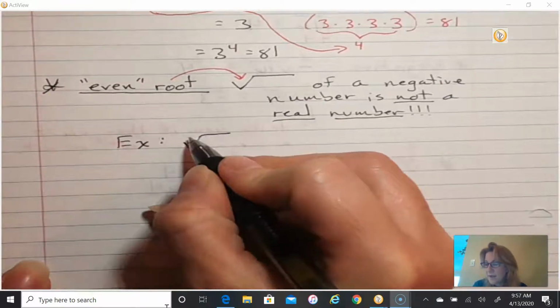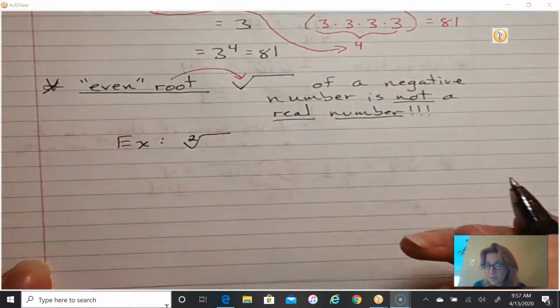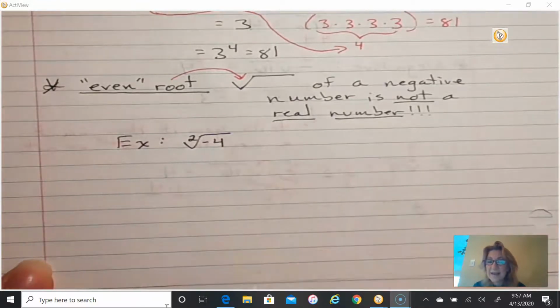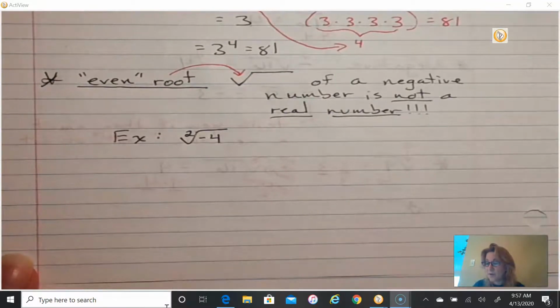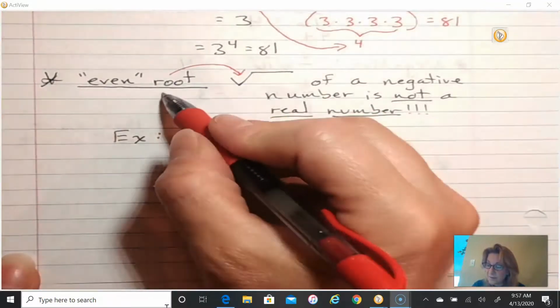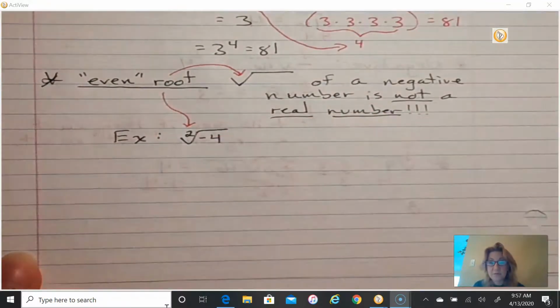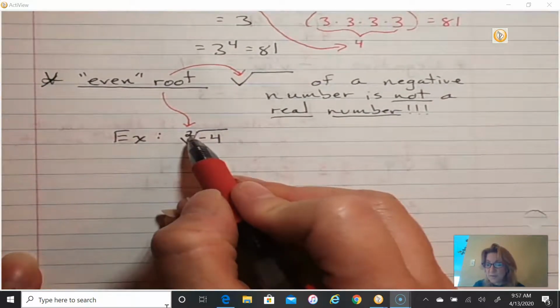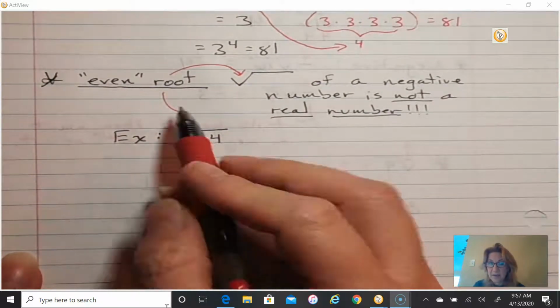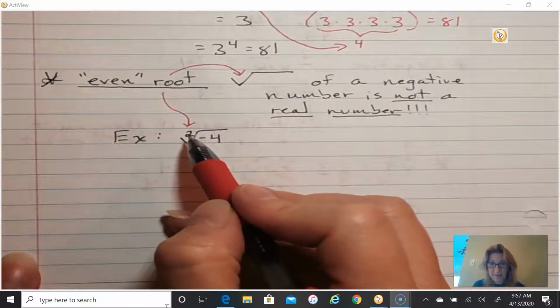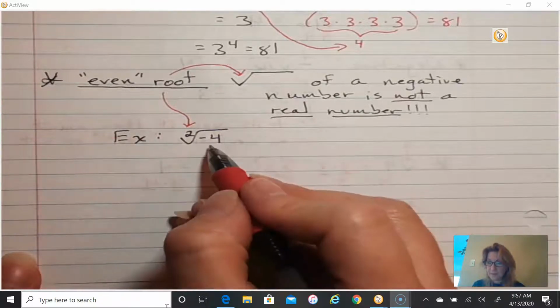Let's say I have a root of 2 and the radicand is negative 4. So this is an even root. Do you see that? This is your root in the little check. It's an even root because it's a 2.